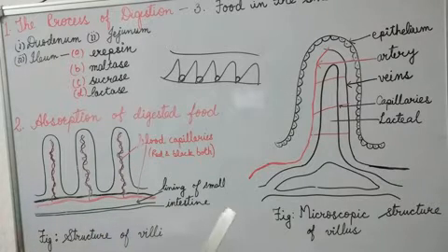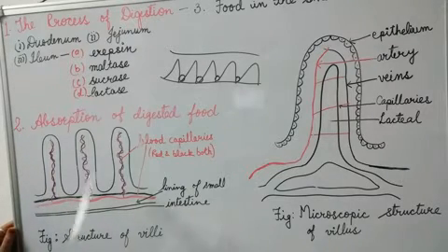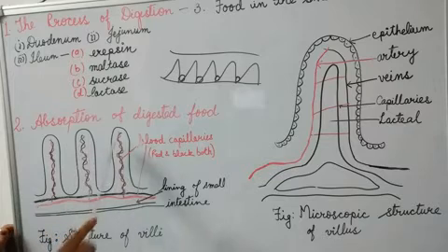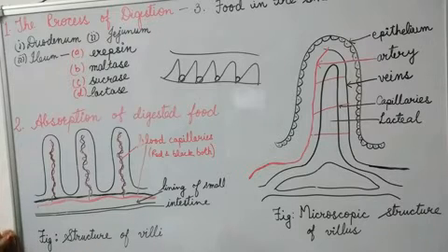It is said that the villi absorb the digested food. So, I am here to explain how it is possible. This is the structure of villi. Inside each finger-like projection, I have drawn red and black color blood capillaries.